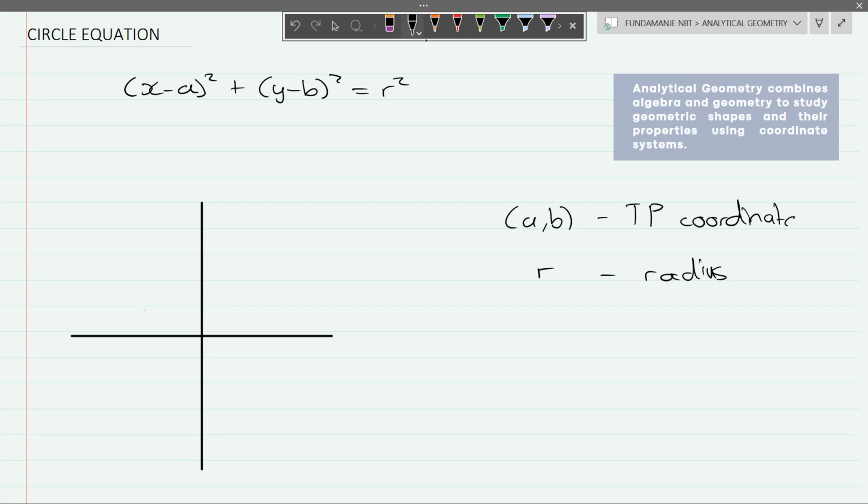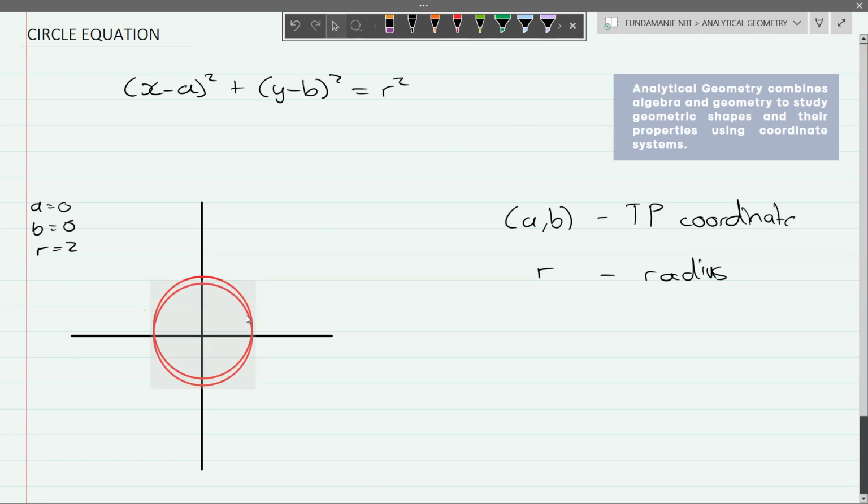So if we were to take an example of this where a is 0 and b is 0 and r is 2, what would this look like on our diagram? So we'd get a circle that's like this, except the center would be more like that.